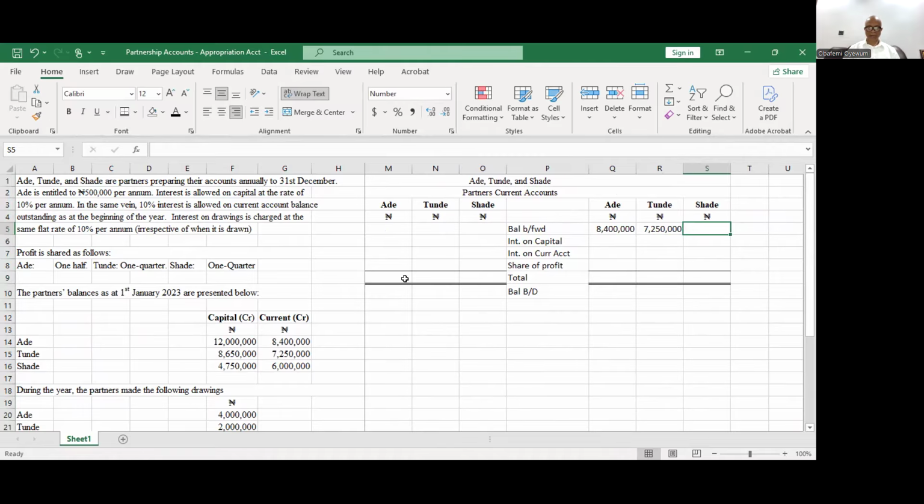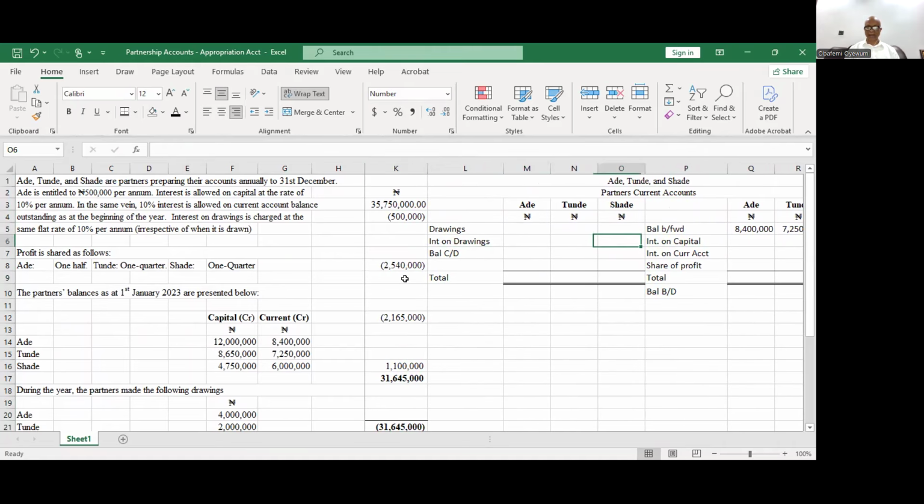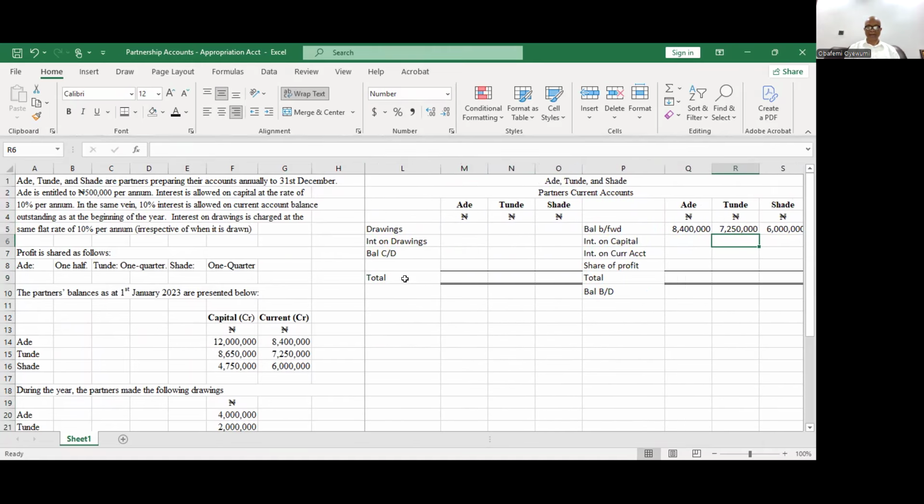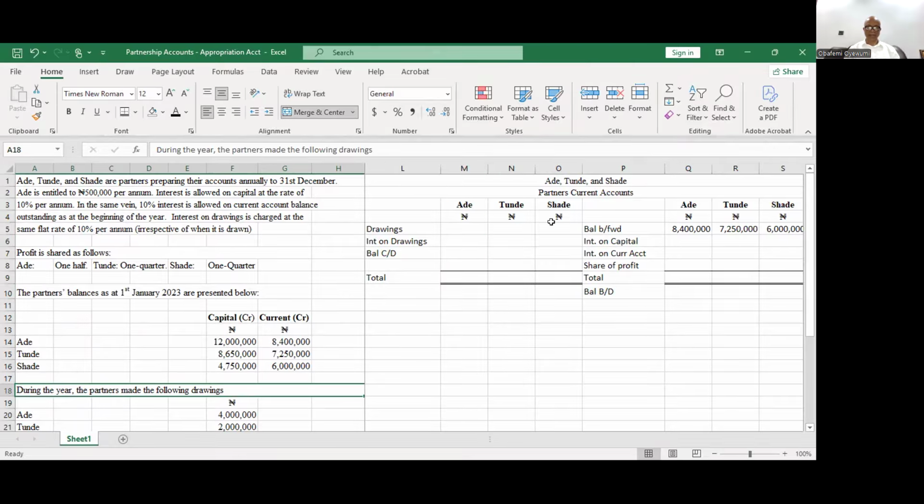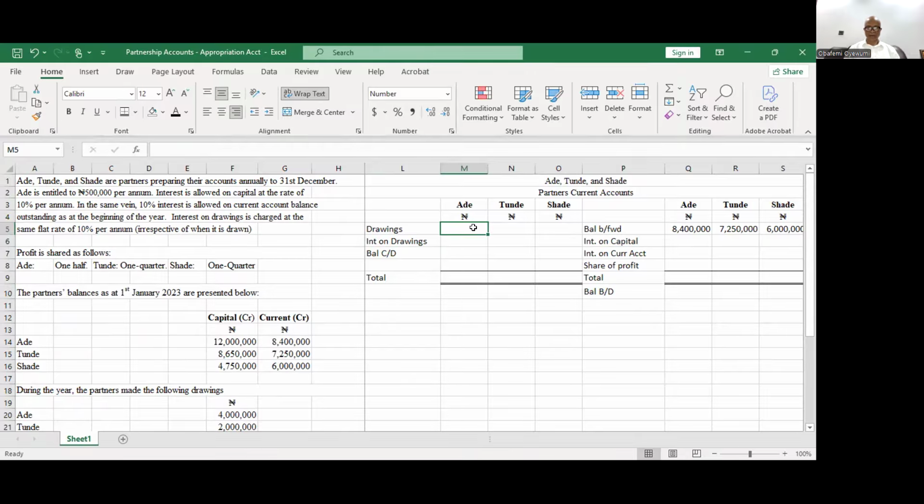And then how much for Shade? 6 million. Depending on the way you want to start, if you want to be moving in between, you can do that. If you want to finish on one side and move to the next, you can also do that. But let's take them one after the other. Did they make drawings based on our question? Drawings. How much did they take? 4 million.